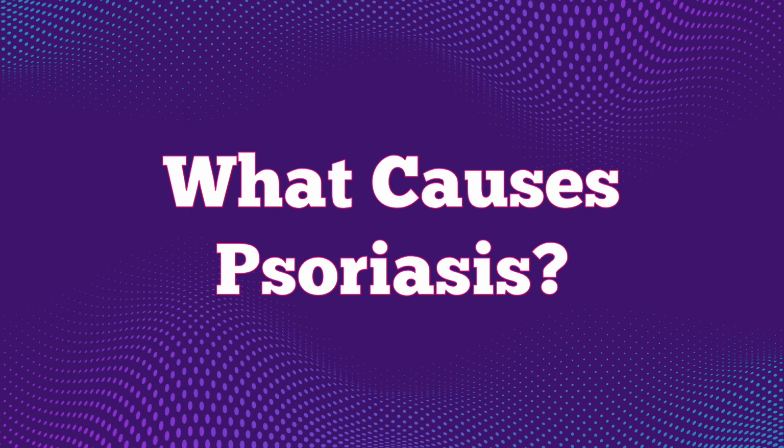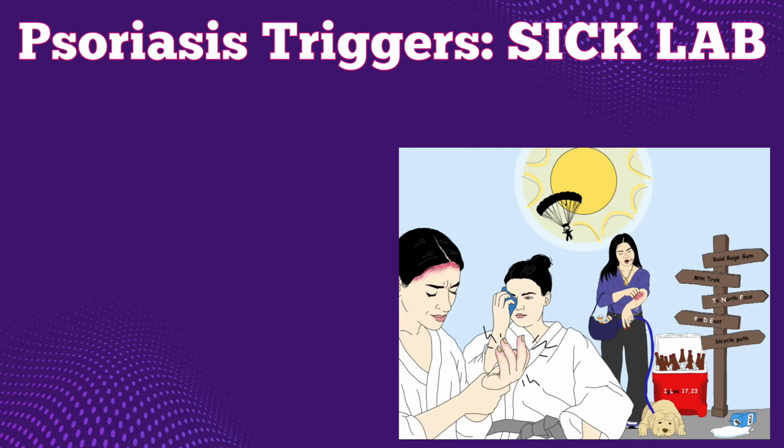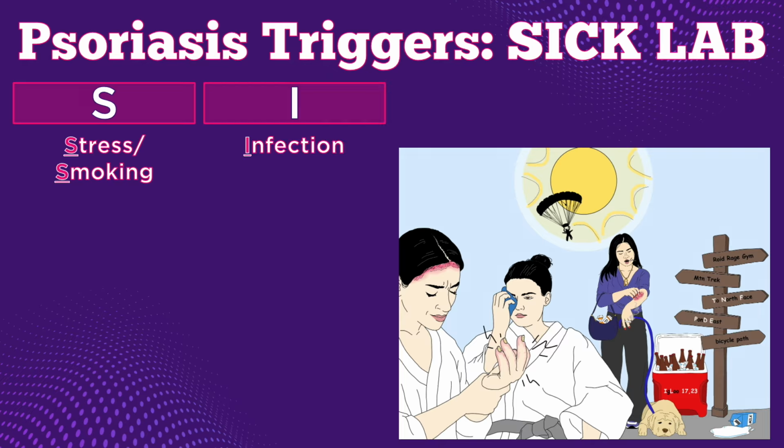You tell him, we think of psoriasis as a systemic disease with increased inflammation, which is due to triggers that affect a genetically predisposed person. So in your head, you remember the SICK Lab mnemonic and then tell him. Some of these triggers include stress, smoking, infections causing guttate psoriasis, hypocalcemia, which can cause generalized pustular psoriasis, and any trauma leading to the Koebner phenomenon.